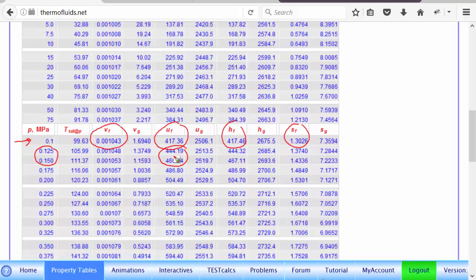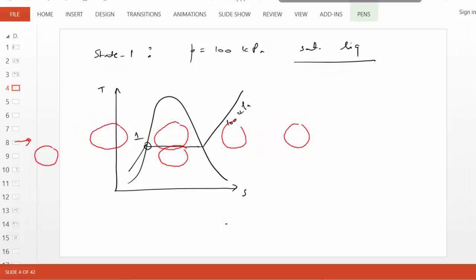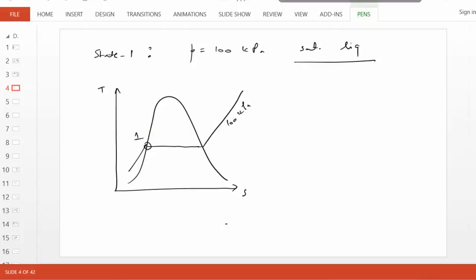You'll get good at it, and believe it or not, you will gain sufficient accuracy just by estimating, rather than spending a lot of time trying to interpolate manually. Okay, so finding the properties of this state is not tough at all. The answer is that you look it up from the saturation table.